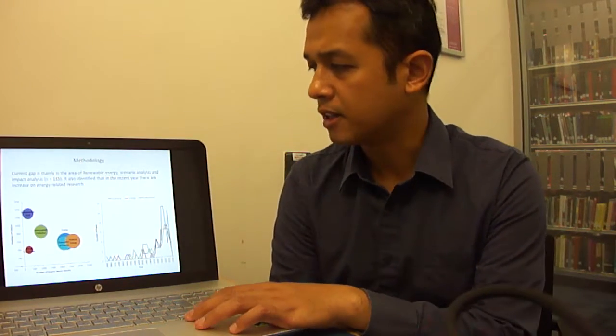From the diagram, it can be seen that the trend of the energy research is increasing, especially in the late 90s, where Indonesia also faced a major transition from a previously oil exporting country to one of the biggest oil importing countries.